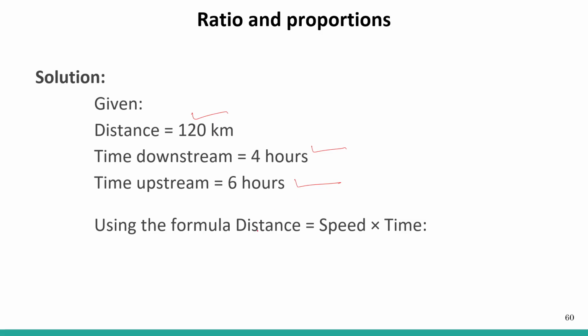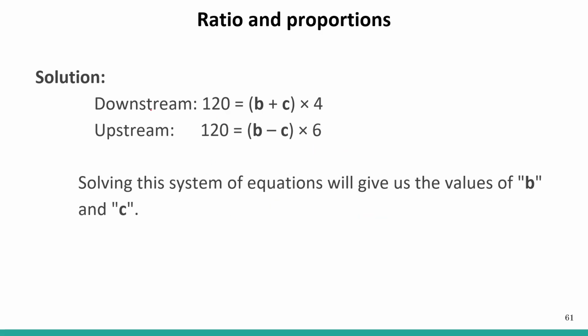Using the formula distance is equal to speed into time, which I told you in the last lecture will be used extensively. Downstream, 120 is equal to b plus c into 4, and upstream, b minus c into 6 is equal to 120. Solving this system of equations will give us the values of b and c.